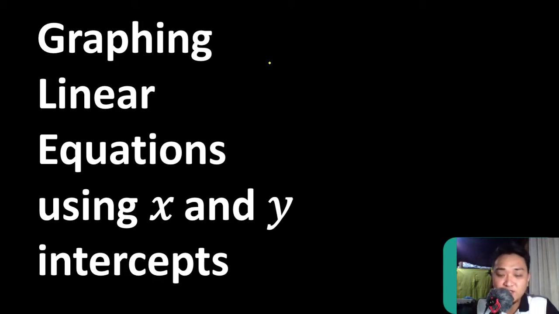And in that method, we need at least 2 points to enable us to graph linear equations. This time, ang gagawin naman po natin, we are going to graph linear equation using critical points. And one of those critical points is the x and y intercept.